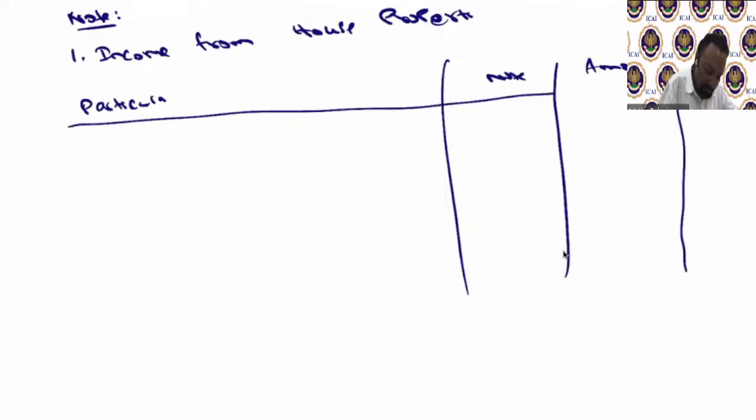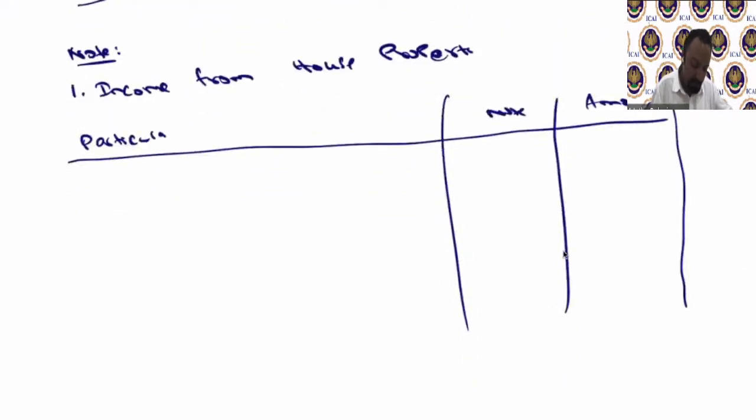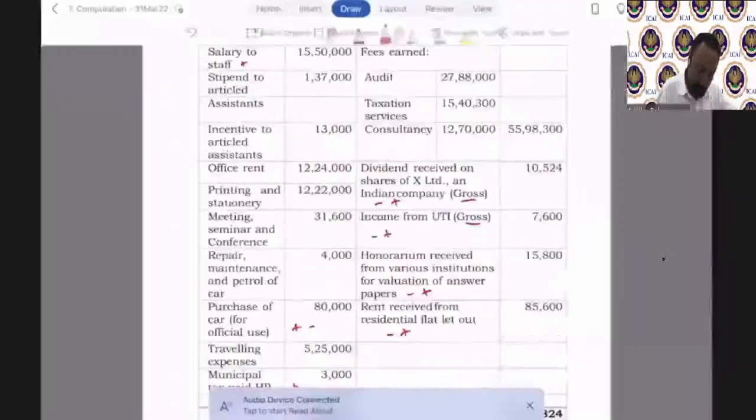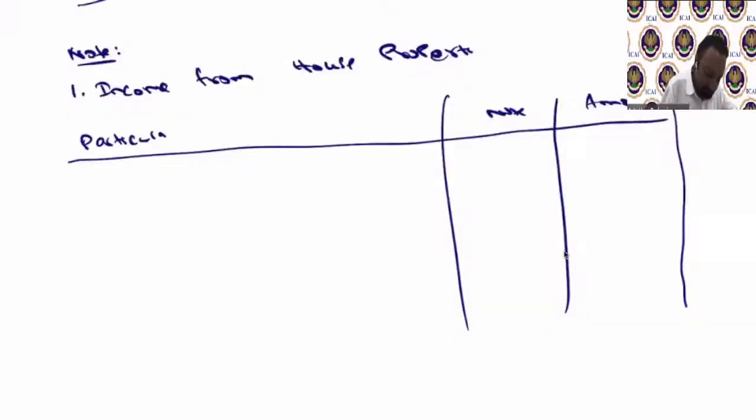So first thing is, we'll have to see how much income you have actually received. So the rental income is 85,600. We'll have to take it as gross annual value.